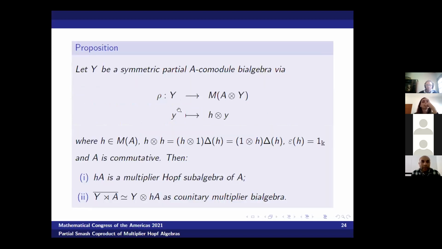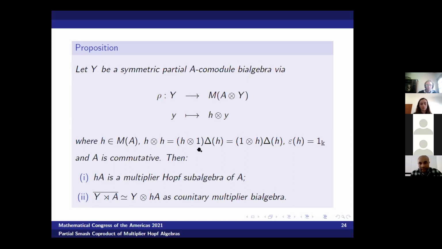And here, this result is important because we have a concrete way to rewrite this construction. Firstly, we consider a symmetric partial comodule bialgebra, defined like this.